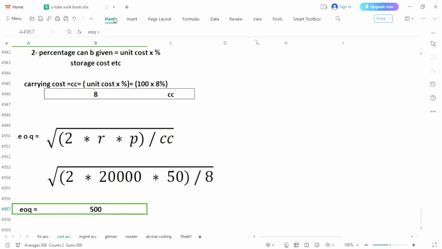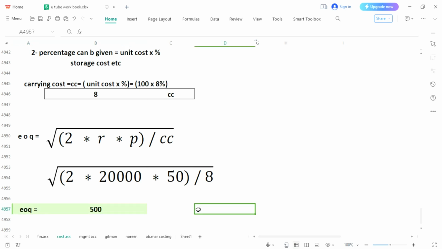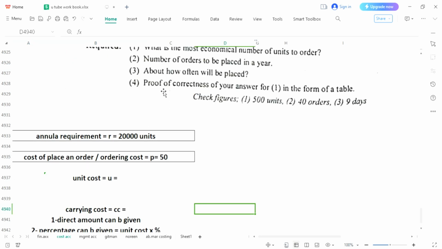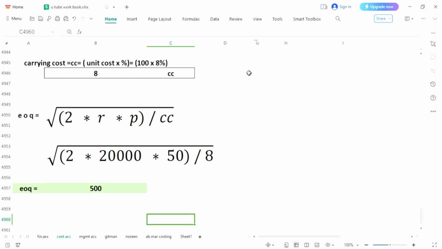Okay, so I'm just going to mark it as completed. Let's go back to the question and see what is next. Number of orders to be placed in 1 year. In the previous question we have already seen it.